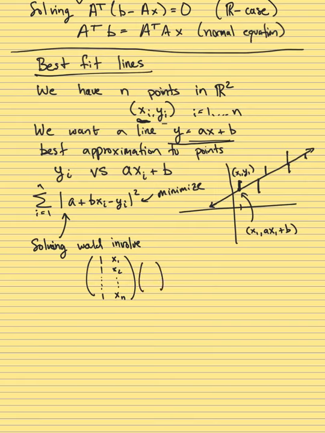So you're trying to find A, B, and you want this to be equal to y1, y2, up through yn. Of course it's almost never going to be the case that you can find an exact solution, but the least squares solution here exactly minimizes the above sum.